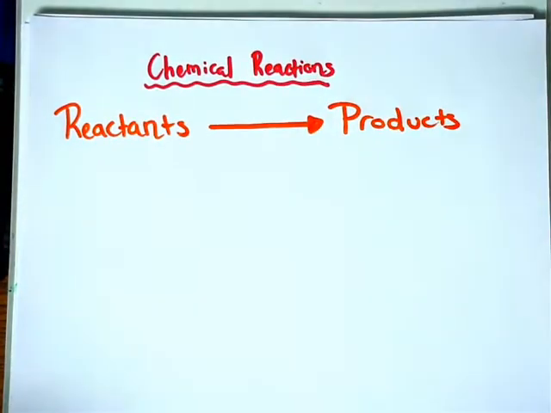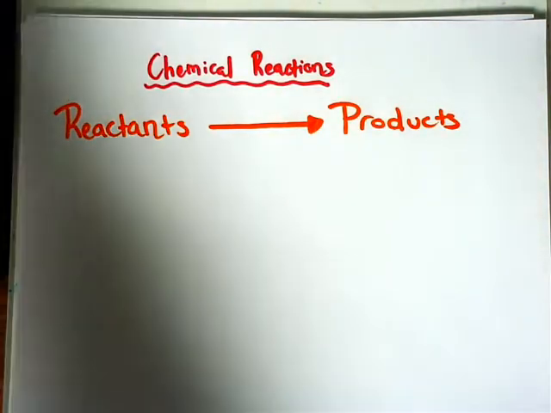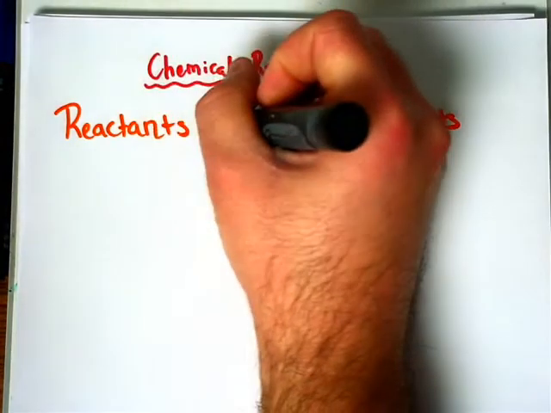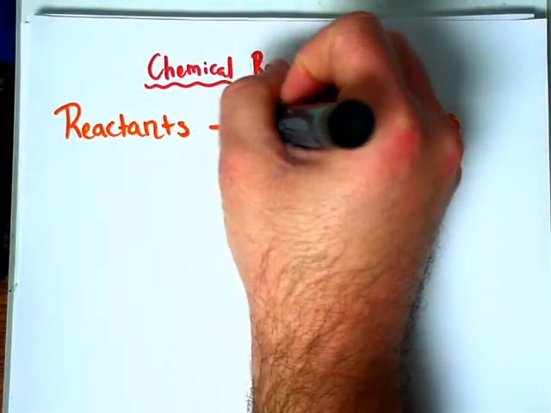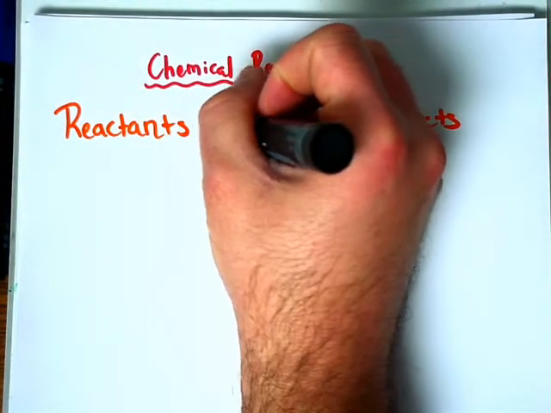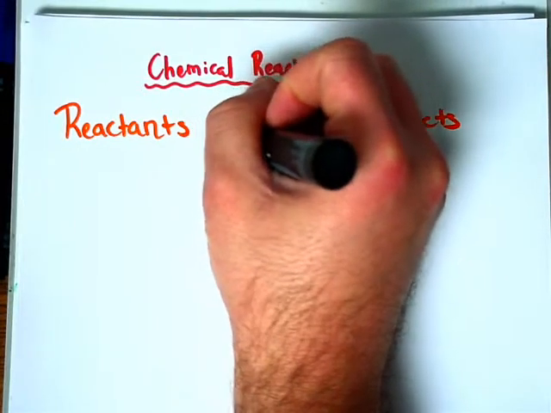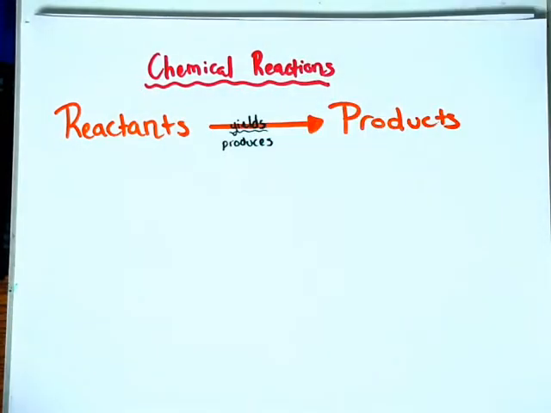And I draw an arrow sign. What does that mean, the arrow sign? Yields. Okay, so let's write this down. That means yields. In other words, produces is another good word. So your reactants build your products.